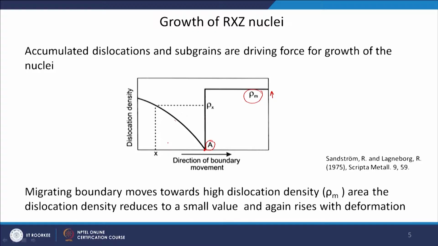At the moving grain boundary in the strained matrix, the dislocation density is very low, and at any particular distance x the dislocation density is rho sub x. It will keep increasing and may reach the present dislocation density of the matrix, as shown here.